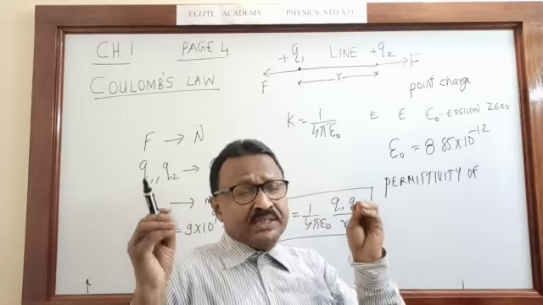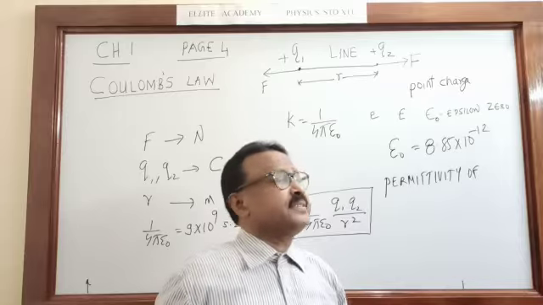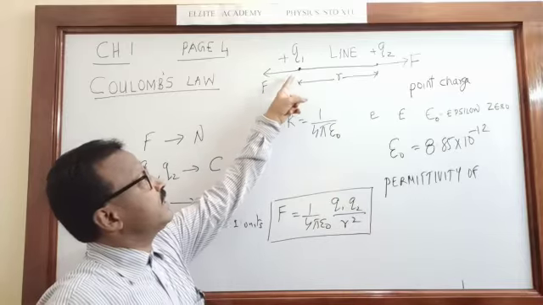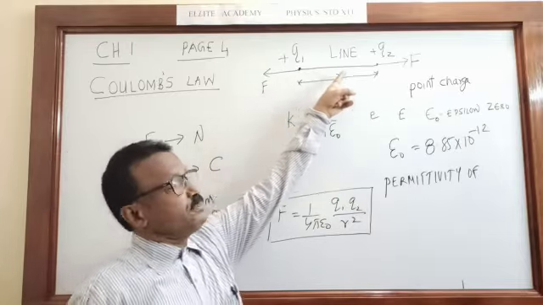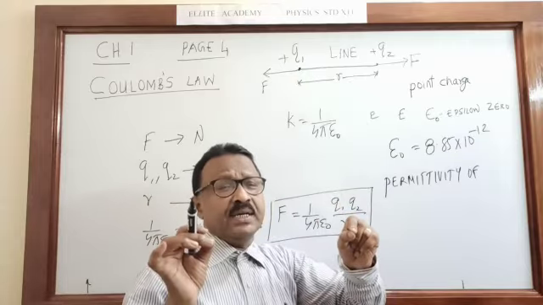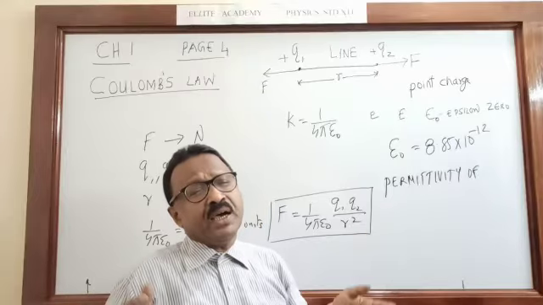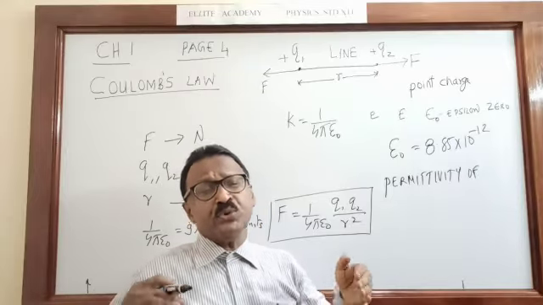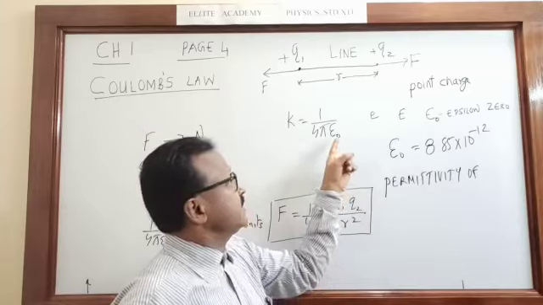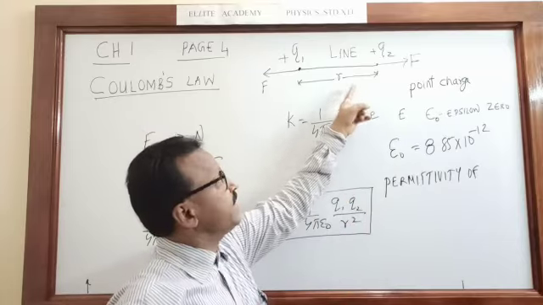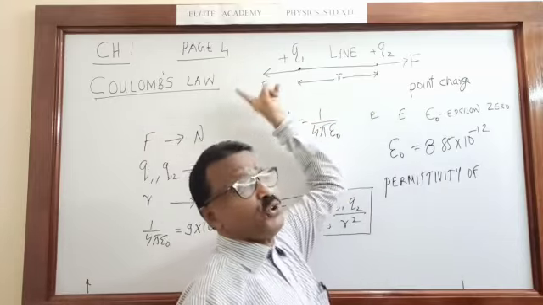Electrostatics means study of electric charges at rest. So we say the electrostatic force between 2 point charges is directly proportional to the product of the charges and inversely proportional to the square of the distance between the two charges, and it acts along the line joining the charges.